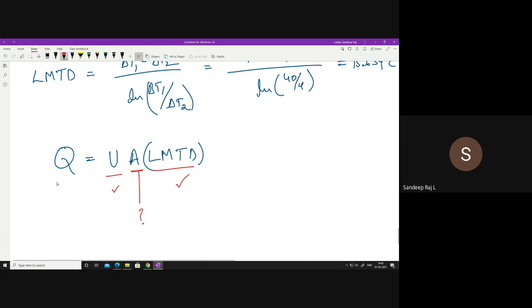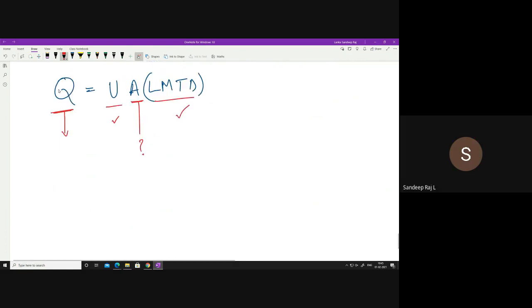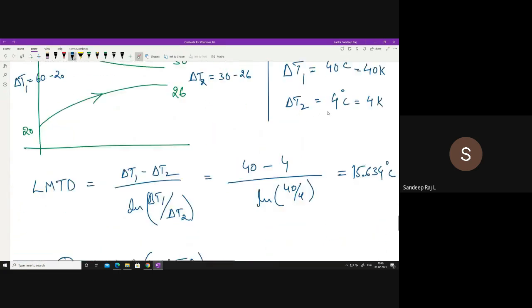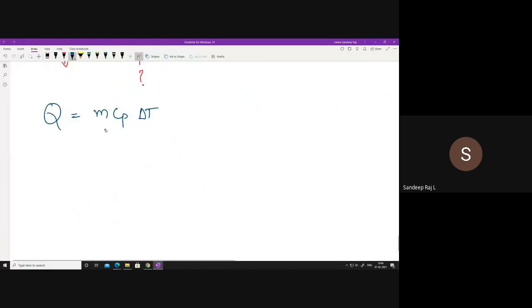So how to get Q here? MCP delta T. You can simply use Q is equal to MCP delta T on any one side, either on the hot side or on the cold side. But here M is given for only one side, that is for the hot fluid side, oil only. So you have to use oil values here. M oil, CP oil, delta T of oil.